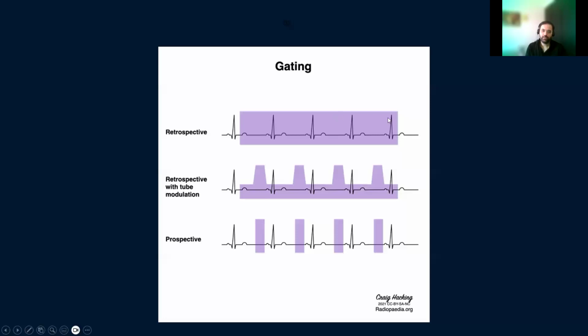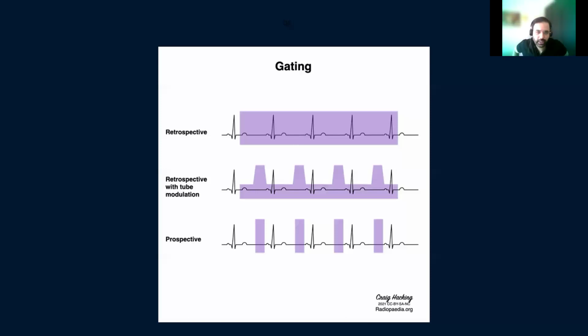Based on that, we decide where the heart is going to be relaxed, because we know that this is ventricular contraction, the QRS complex, and this is the P wave, the atrial contraction. This point here, which I'm showing with my arrow, is where the heart is in diastole, the most relaxed part of the heart, which is what you need to image the coronaries.